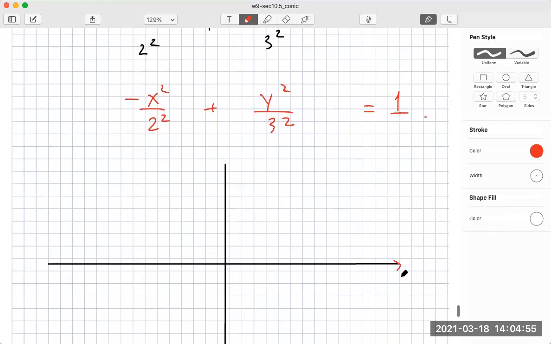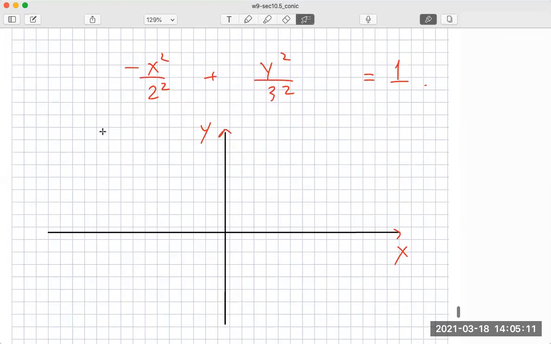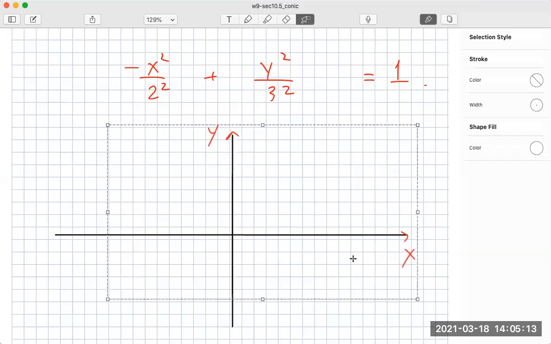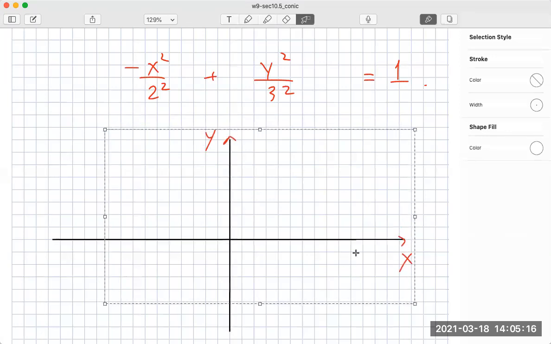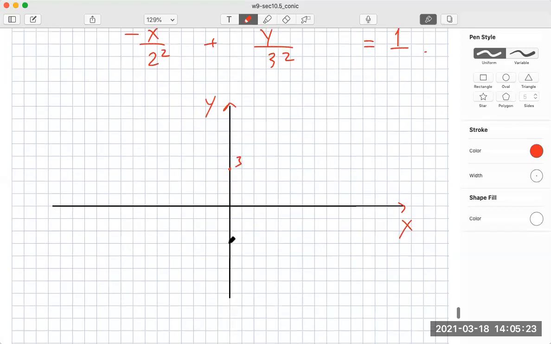In the coordinate plane, this is x, this is y. So when x is equal to 0, the curve will cut the points, what is it? Plus and minus 3, right? You agree? These points belong to the graph, right?